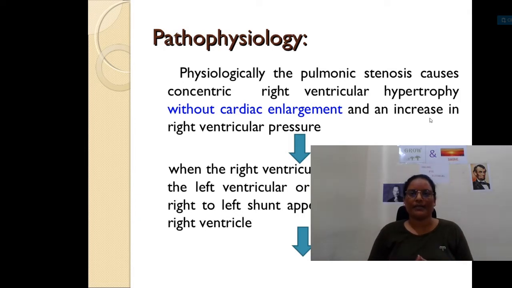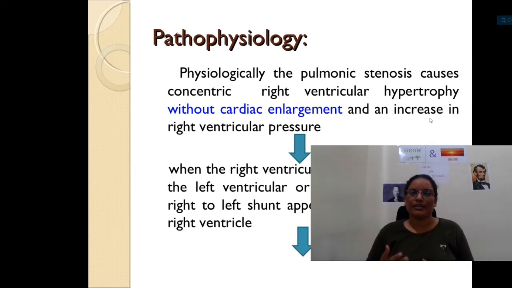Here, when the valve of the pulmonary artery is stenosed or narrowed, the exact quantity is not taken by the pulmonary artery, and most of the blood remains in the right ventricle.